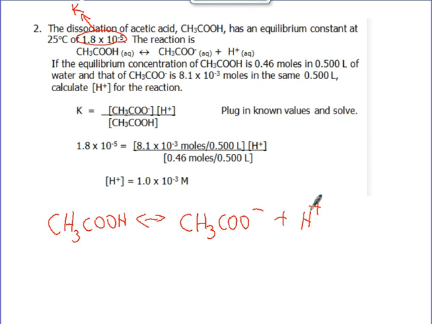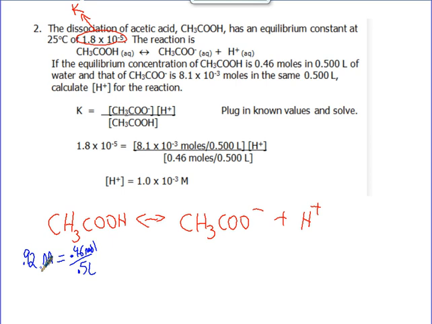And then let's just write down what data they gave us. They gave us the equilibrium constant. That is the acetic acid. It is 0.46 moles divided by 0.5 liters, because we probably need to know the molarity. So 0.46 divided by 0.5 means our molarity there is 0.92.